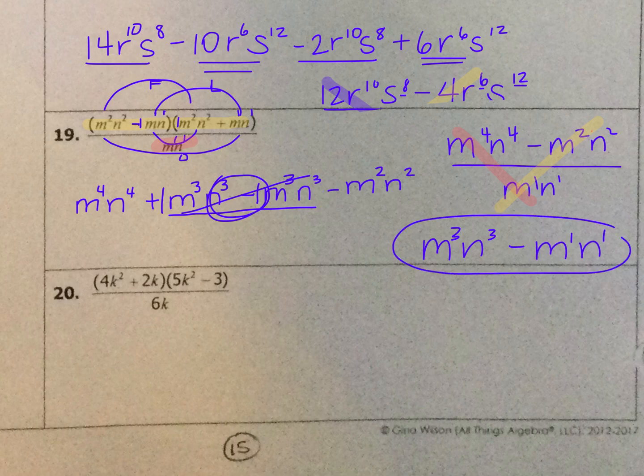All right, last one. We are going to start this last one, and we are going to FOIL this top row.